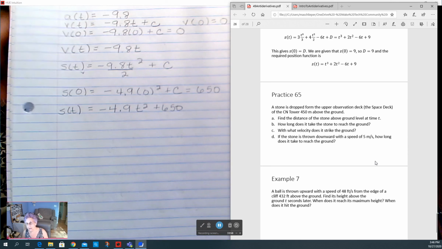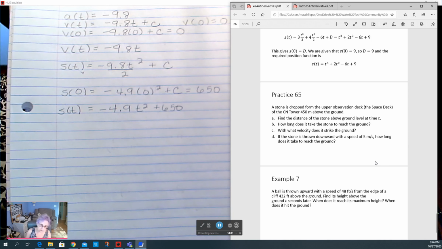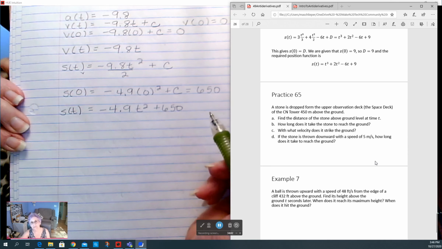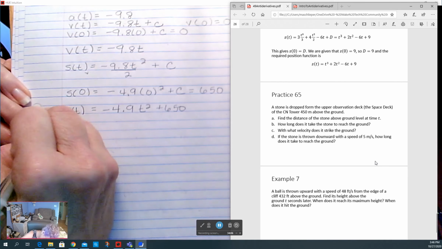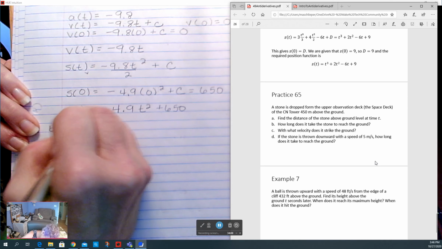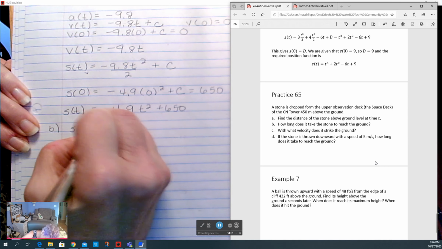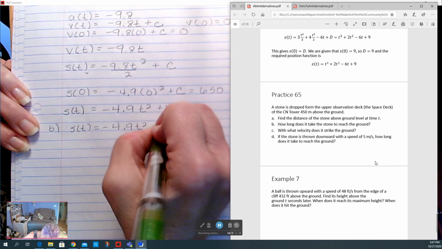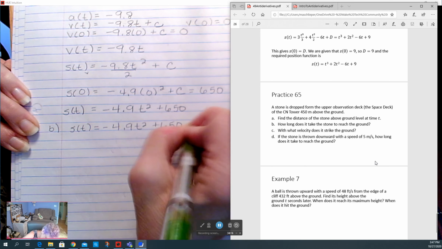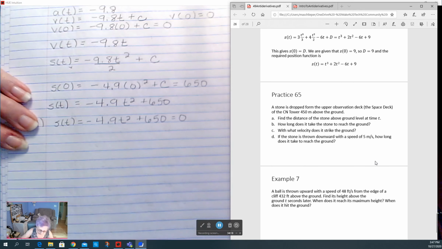How long does it take the stone to reach the ground? Now that we have a position function, we can figure that out. We just said its position equal to 0.